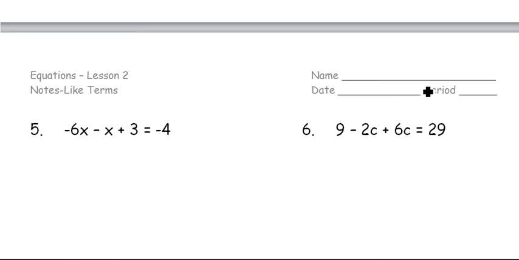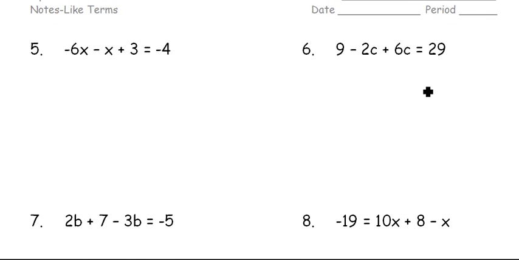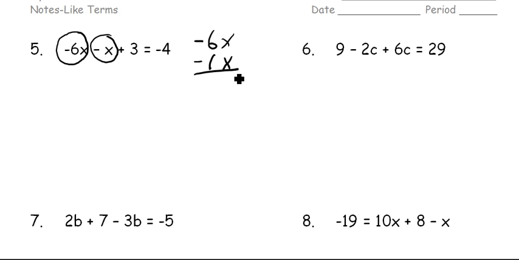Let's go on for a little more. Okay. Number 5. Notice we have negative 6x and negative x. So we could do that over here, negative 6x. And if there isn't a number in front of it, you can imagine there's a 1. Okay, bring your x's down.